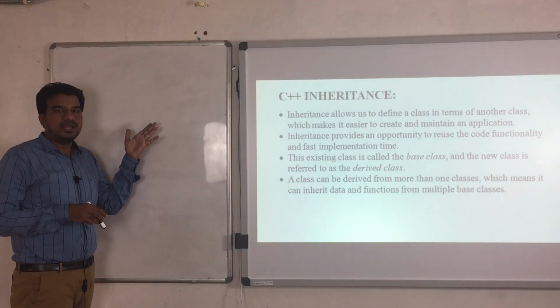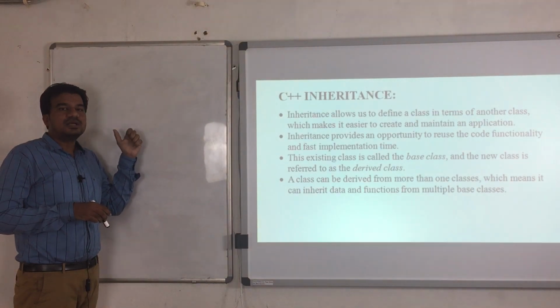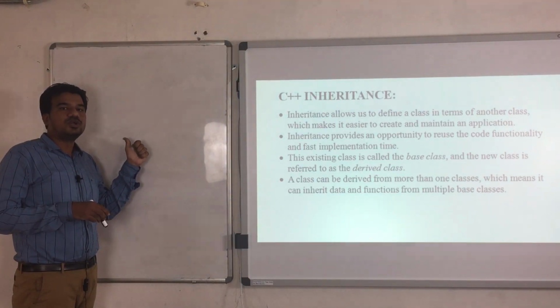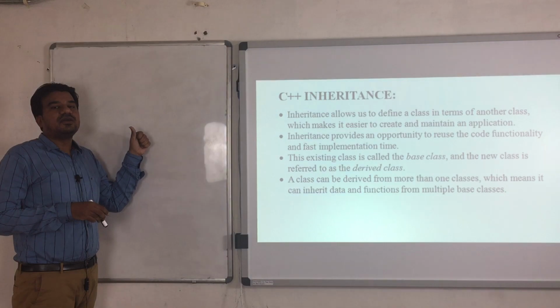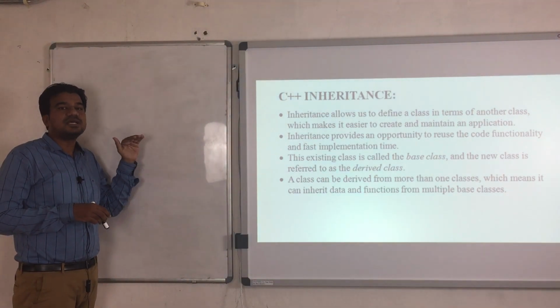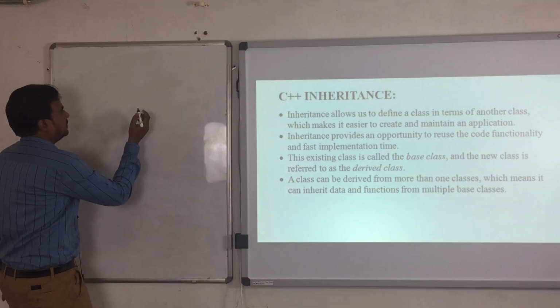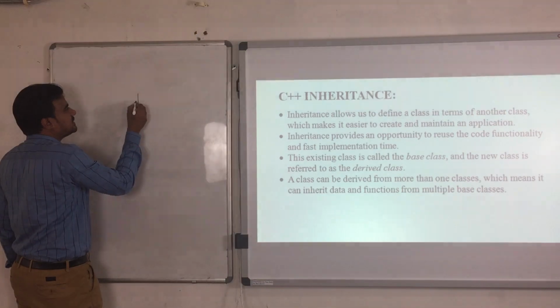Okay. When I explained the concept of object oriented programming, at that point I told you that inside inheritance we have synonyms for parent class, subclass or superclass. So deriving the new class from an already existing class.